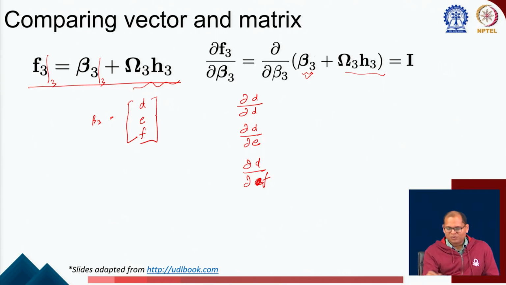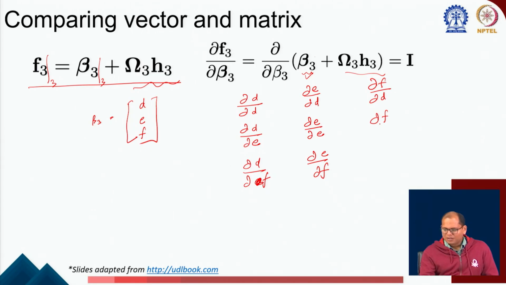Now, I will go to the next one. So, dou of e over dou of d, dou of e over dou of e, dou of e over dou of f, and then finally dou of f over dou of d, dou of f over dou of e, dou of f over dou of f, right.